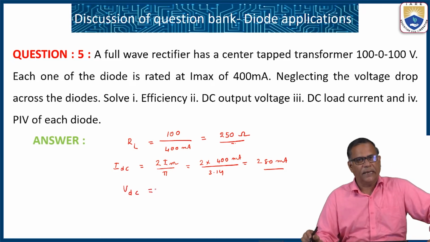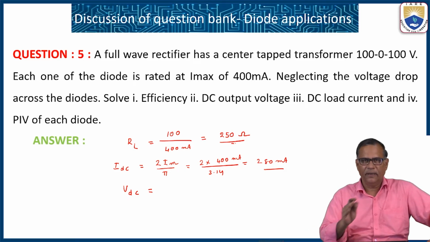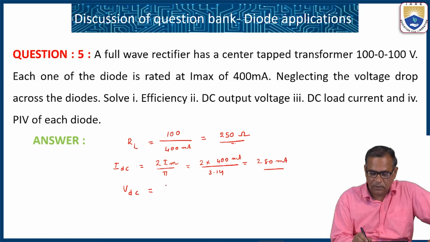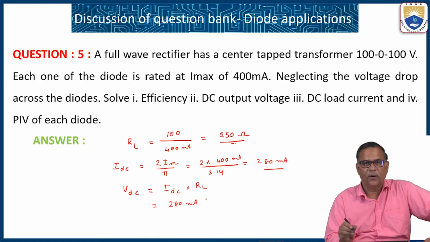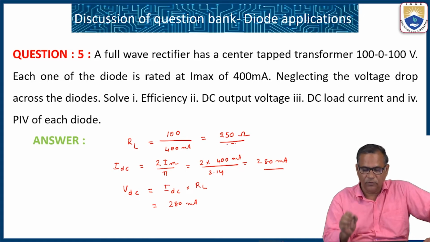Next, let us calculate the VDC. Voltage is nothing but the current multiplied with the resistance. So VDC is equal to IDC multiplied by RL. So IDC is equal to 280 milliamperes, and the load resistance we have already calculated, it is 250 ohms.